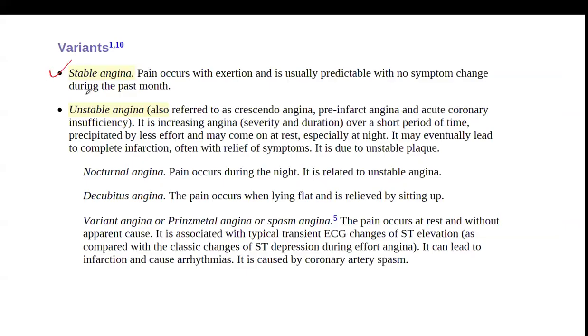All right. So we know about stable angina. We know now about unstable angina. Unstable angina has different type as well. Nocturnal angina, that means that there is chest pain, which occurs at night when they lie down. Sometimes chest pain, which occurs when lying flat and relieved by sitting up. Variant angina or Prinzmetal angina, we will discuss them later on.